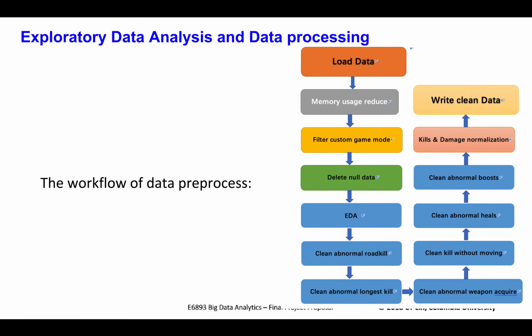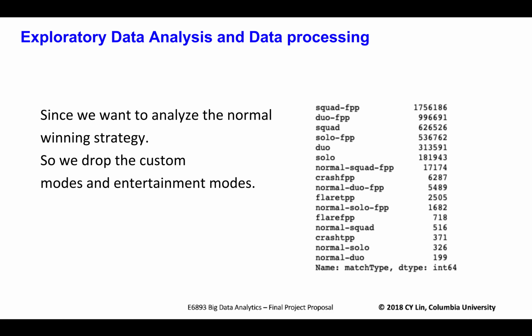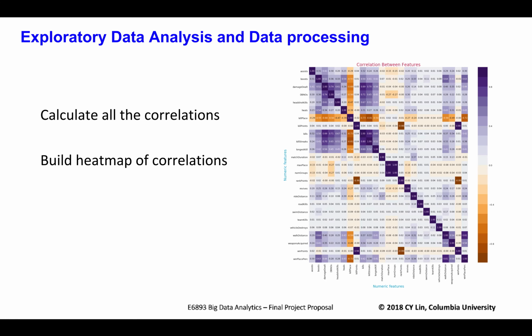We normalize the kills and damage. Since we want to analyze the normal winning strategy, we drop the custom modes and entertainment modes. We just choose the first 6 game modes: squad FPP, duo FPP, squad, solo FPP, duo, and solo.